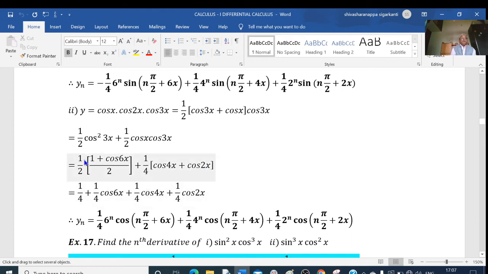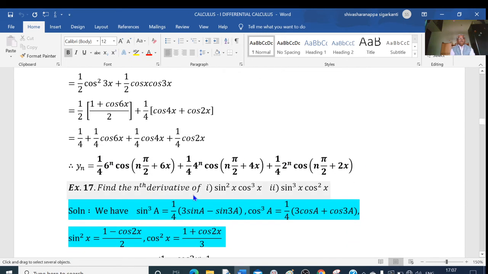So this is equal to 1 by 2 into, taking the separate denominator here, this is 1 by 2. So first term becomes 1 by 4, plus this term becomes 2 into 2, cos 6x by 4, plus cos 4x by 4, plus cos 2x by 4. Now we can find the nth derivatives of these functions.